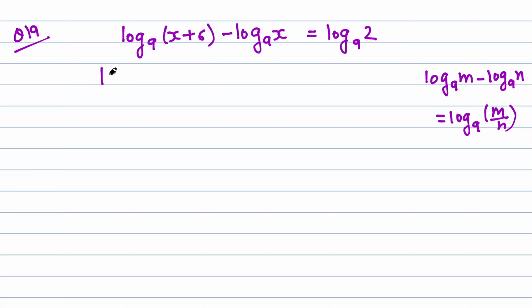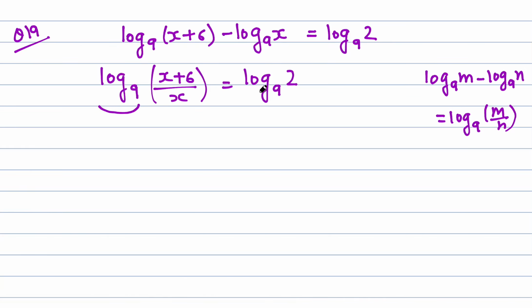So I can write it as log of 9 of x plus 6 by x is equal to log of 9 of 2. Now I have one log with base 9 here and one log for base 9 here. That means these values have to be same. Only then these two logs can be equal. Perfect. So now it's a simple equation which we have to solve.